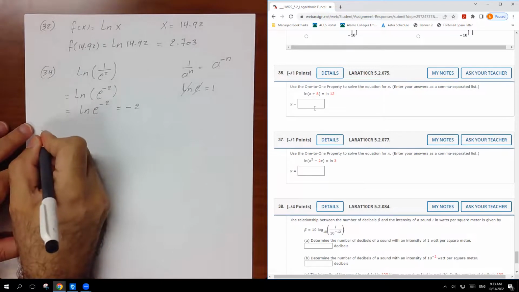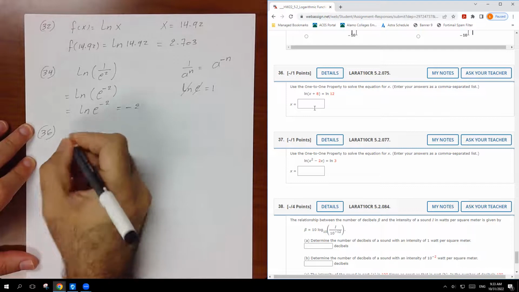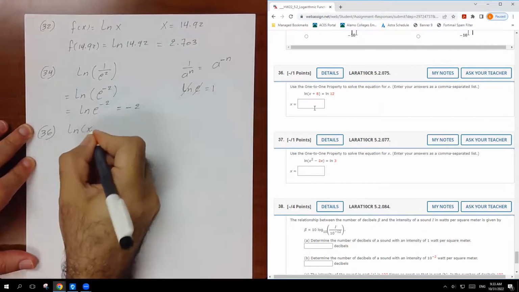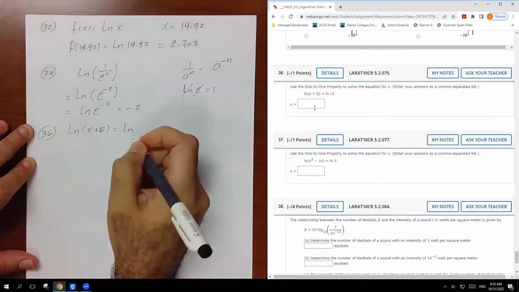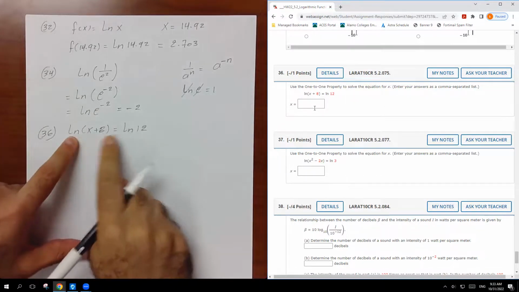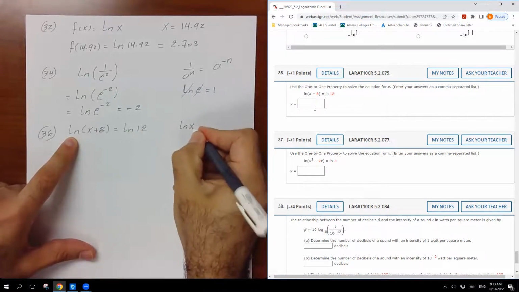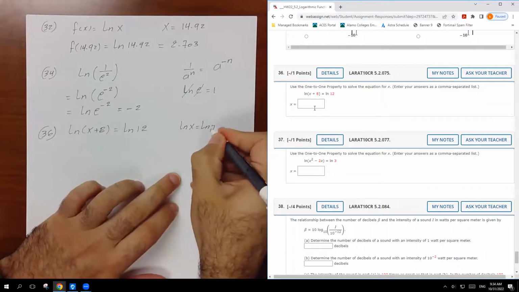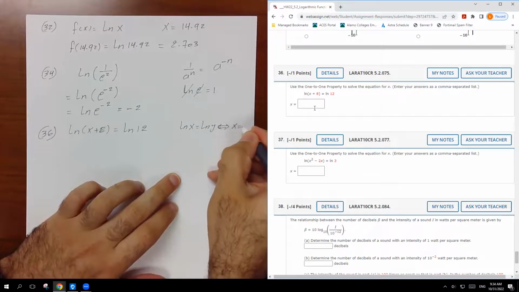So let's do example 36, which is ln(x plus 8) equals ln 12. That means we're going to use this property: ln x equals ln y is the same thing as x equals y.